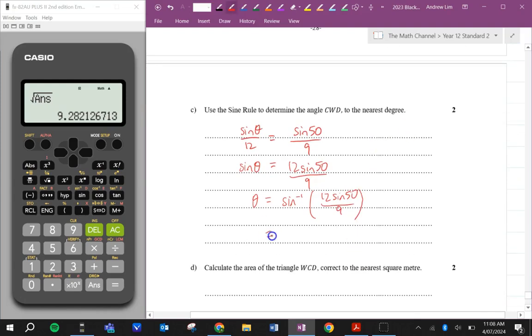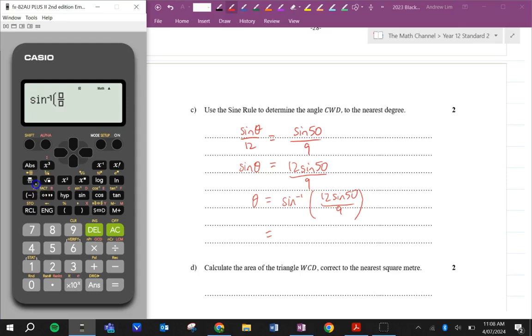We get a math error. I wonder why. Maybe I need a 9.28.